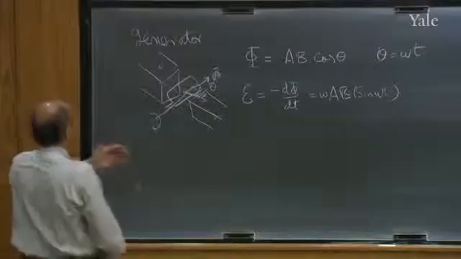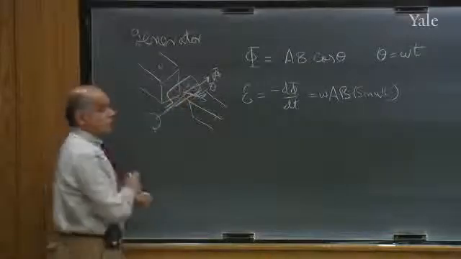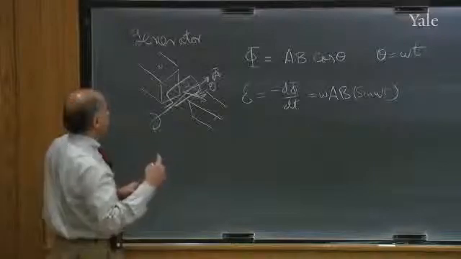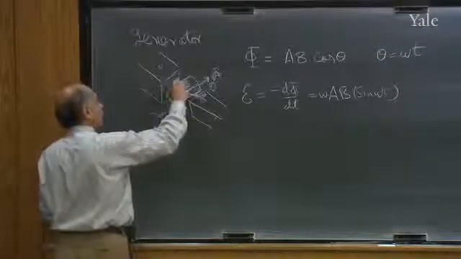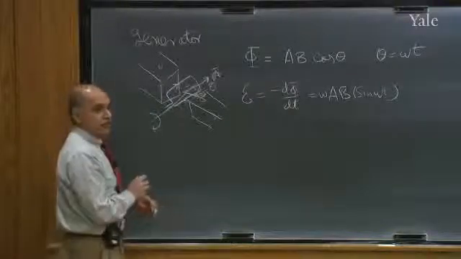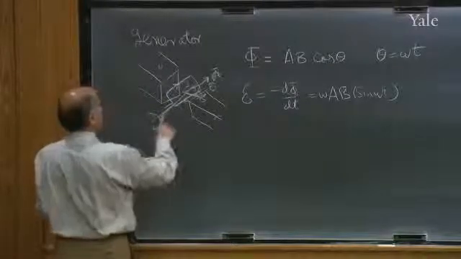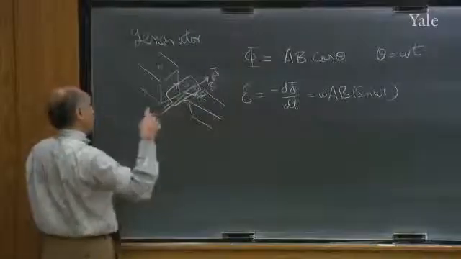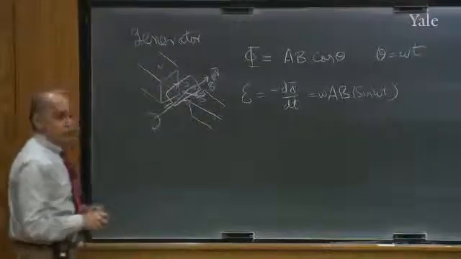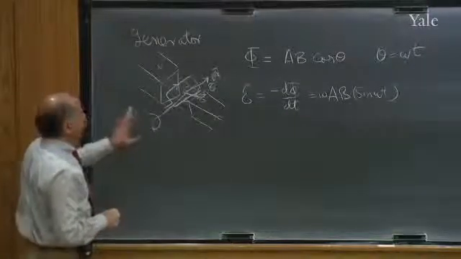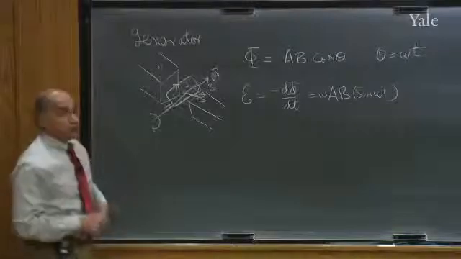Increasing, in this direction. So it will fight it by trying to produce a flux going in the opposite direction. Therefore, it will try to produce a current that looks like this. That's the direction of your EMF. Given a chance, it will drive a current as shown here, because that one, by the right-hand rule, will have the flux going the opposite way. So that's why I don't care about the minus sign. I know which way the current will flow if I let it flow.